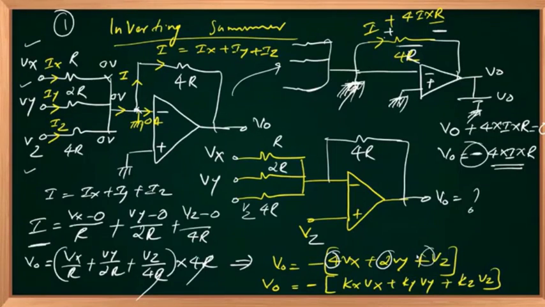Right? So that is why the name is inverting summing. Any issues, any problems? You are writing the branch currents, summing them, taking the product, evaluating V out. Any problems, any issues? Case number 1. What about case number 2? What is V out?